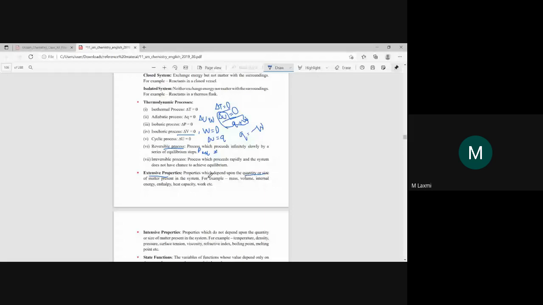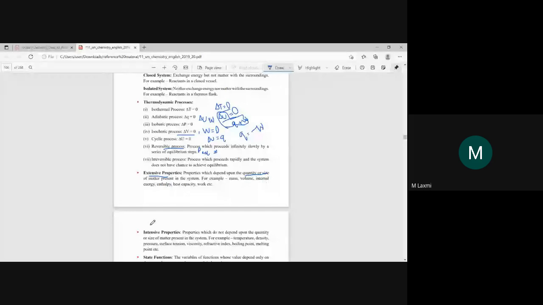The property which depends upon the quantity or the size of the matter present in a system is called an extensive property.